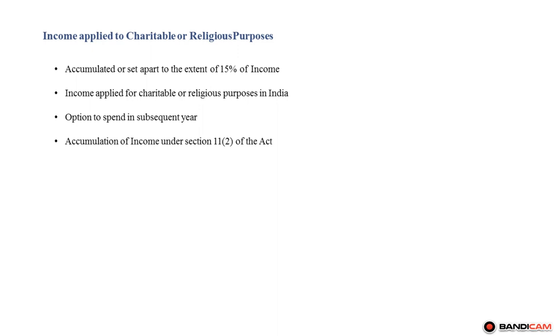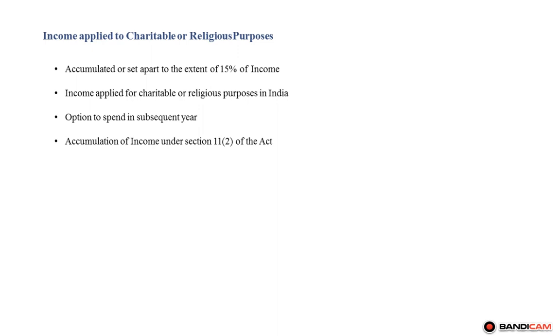Remember this point, that income earned by the charitable institution is kept aside to the extent of 15%. So 15% income is kept aside every time. When computing the income of the charitable trust, 15% of income will be kept aside for meeting future expenditures.